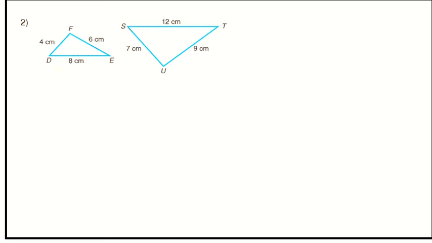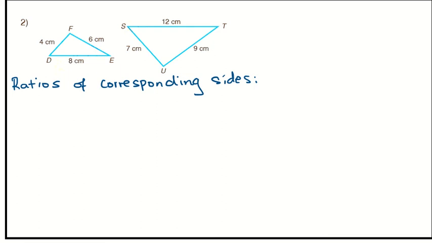Now we will take a look at the ratios of corresponding sides. If we discover that the ratios of corresponding sides are equal, then these triangles will be similar.